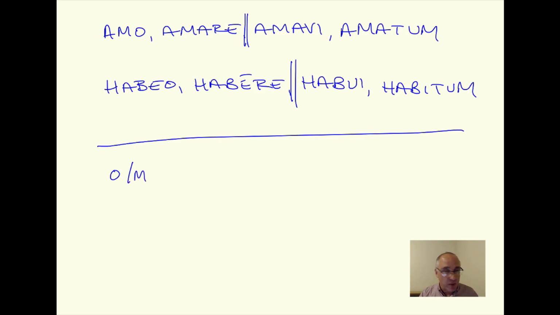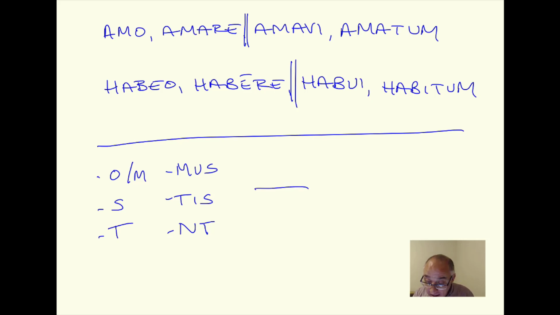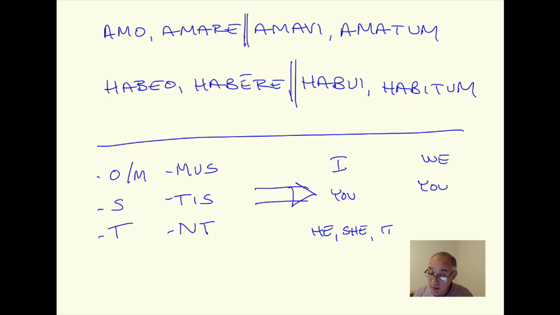How do I know which? We'll get to that. S, T, M-U-S, T-I-S, N-T. These are your personal endings. They equate to I, you, he, she, it, we, you, remember y'all, and they. We have separate words we put on the front. Latin has little endings they put, well, at the end.